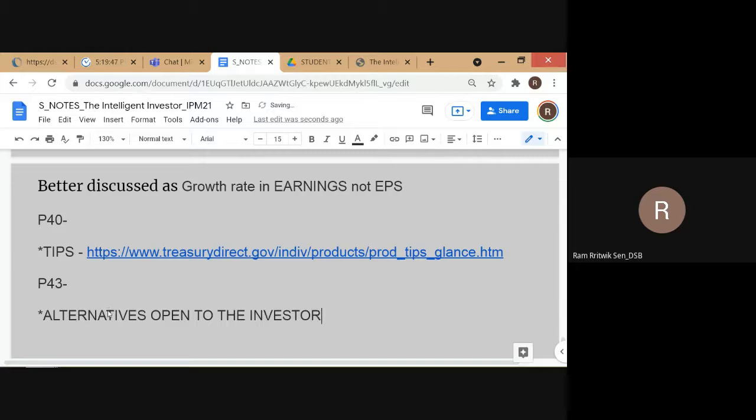Okay, so the alternatives are basically to create your own portfolio by selecting your own stocks. That's your first alternative.